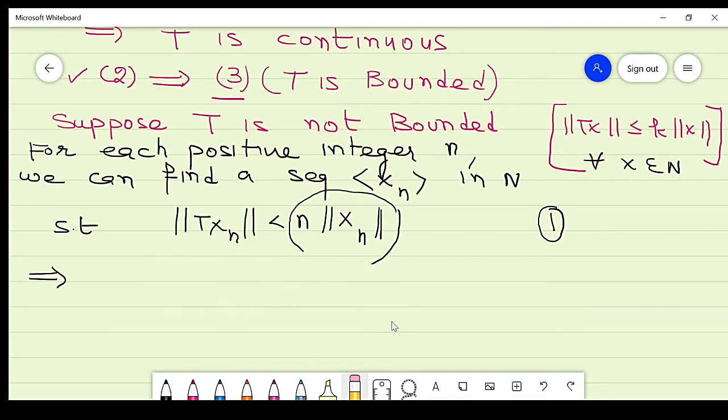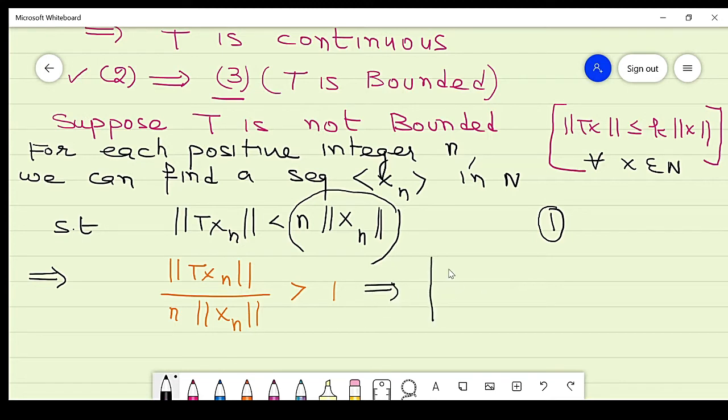Clear? So to avoid confusion, first when we divide, because it is a positive number, T(xn) over n norm of xn is greater than 1, right? Now this term is alpha. So remember, this term is alpha. So this can be written as norm T, this will be inside the norm.